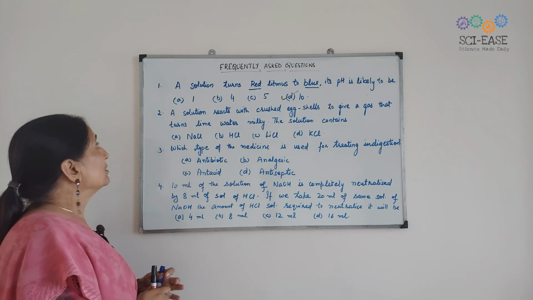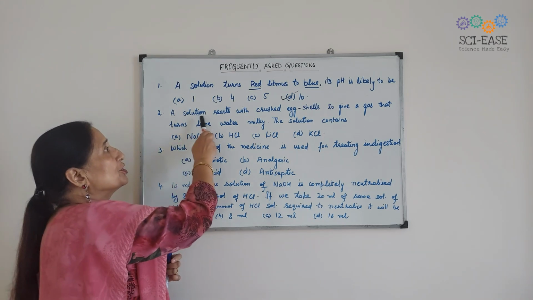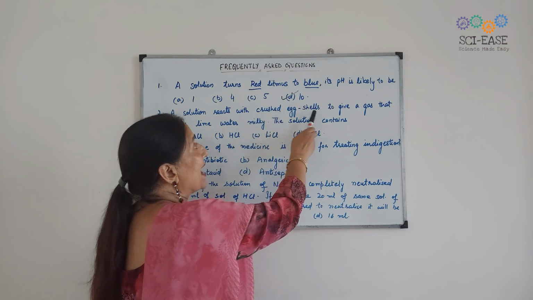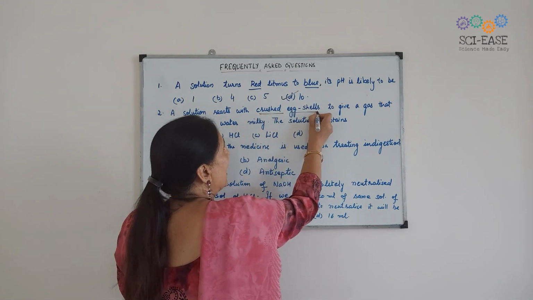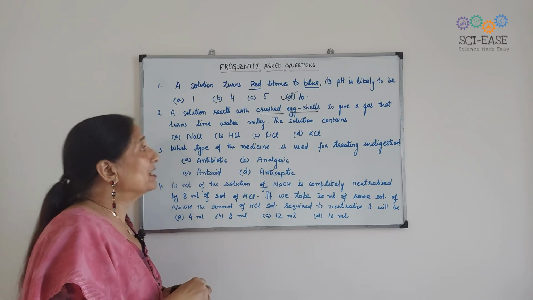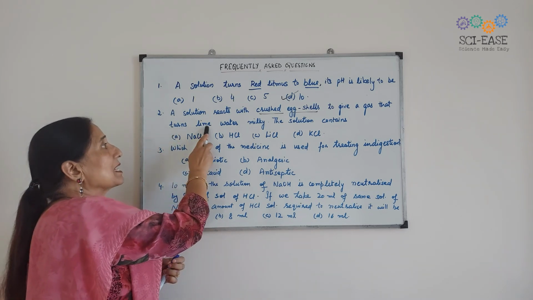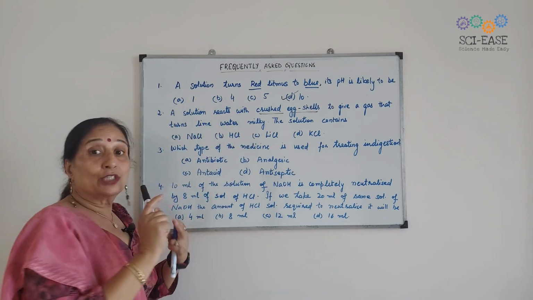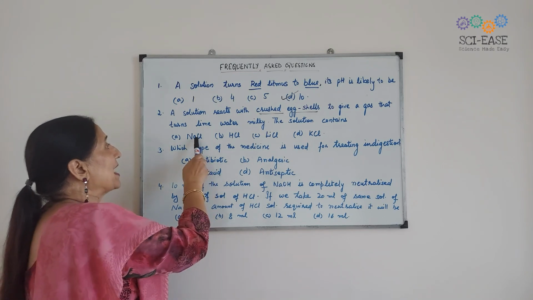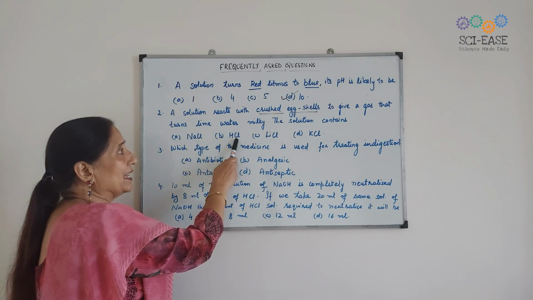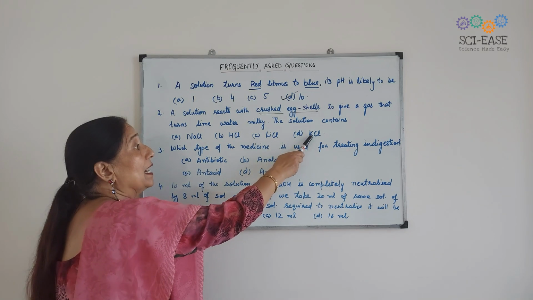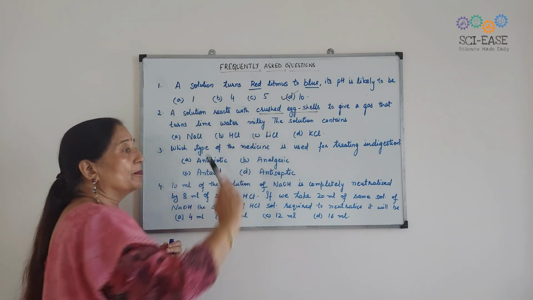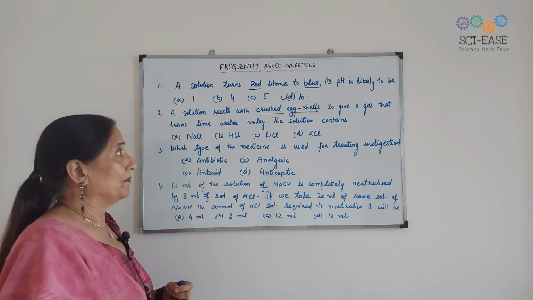Now, the second is, a solution reacts with the crushed eggshells to give a gas that turns lime water milky. The solution contains A, NaCl, B, HCl, C, LiCl, that is lithium chloride, or D, potassium chloride or KCl.